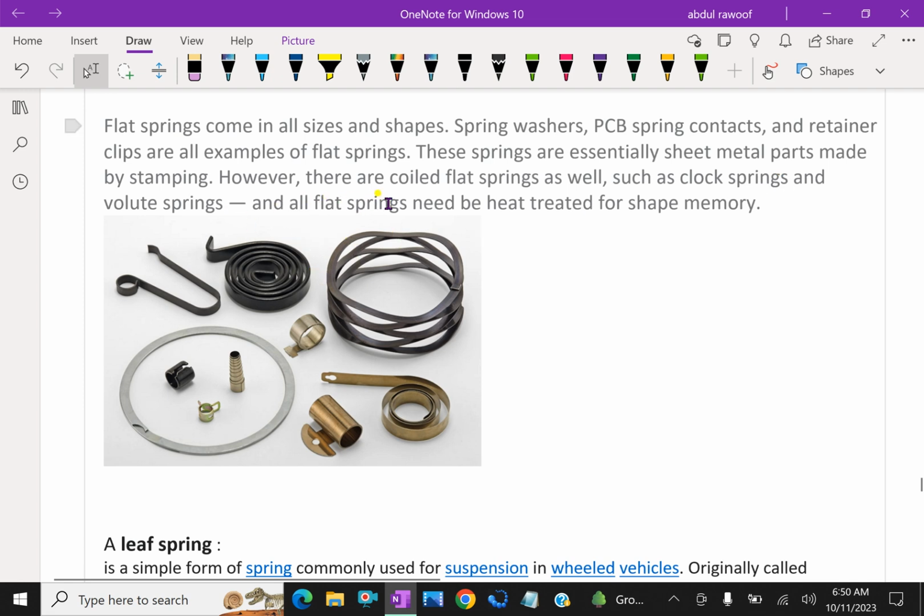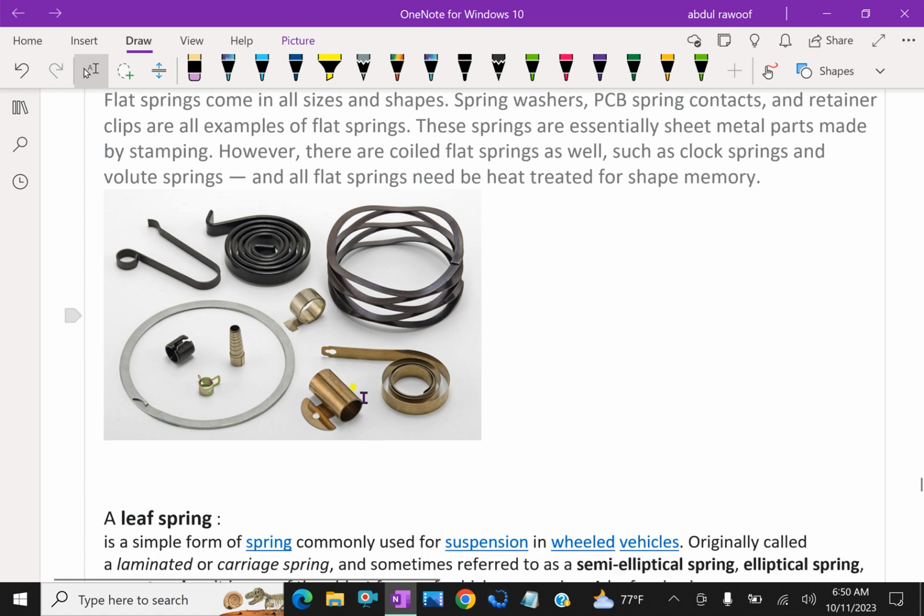However, there are coiled flat springs as well, such as clock springs and volute springs. And all flat springs need to be heat treated for their shape and durability. That is shape memory: when the applied load is released, it comes back to its original position easily.